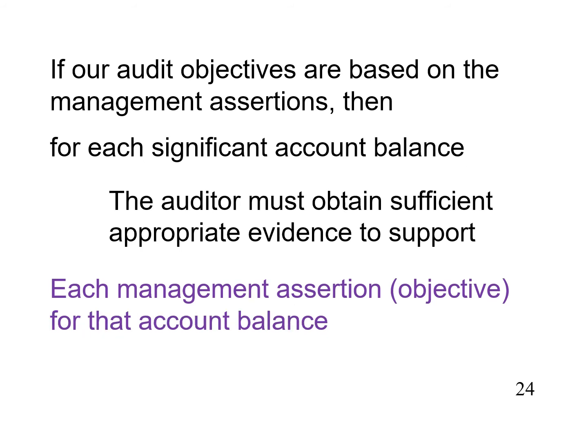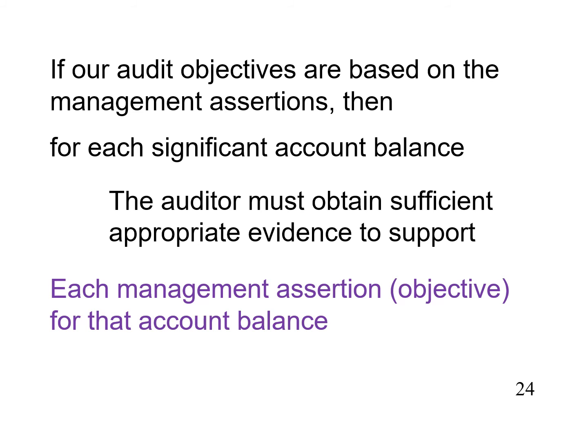Similarly, for assets and balance sheet accounts, if our objectives are based on management assertions, then for each significant account balance, if the management assertion is a surrogate for our objective, then to achieve that objective, we must obtain sufficient appropriate evidence to support that management assertion for that account balance.